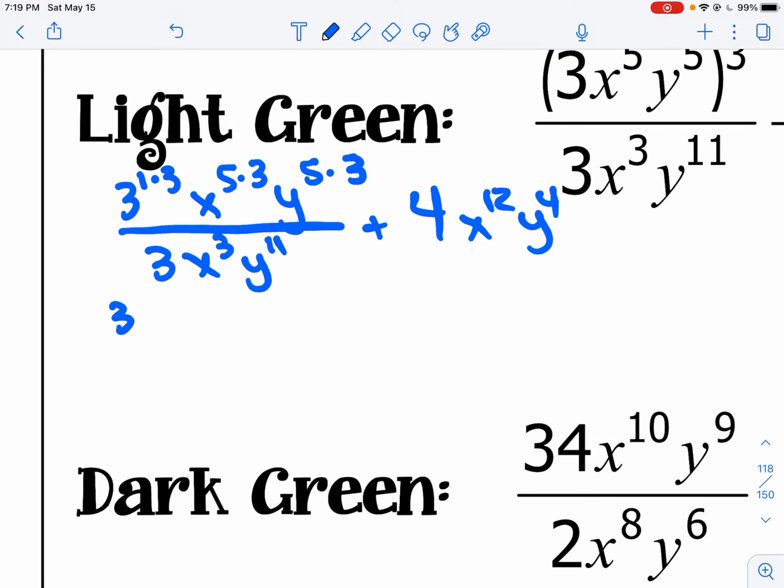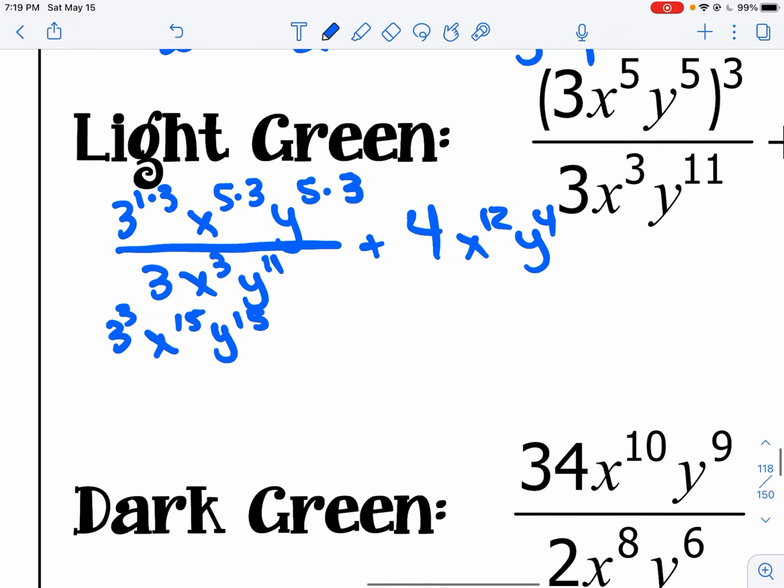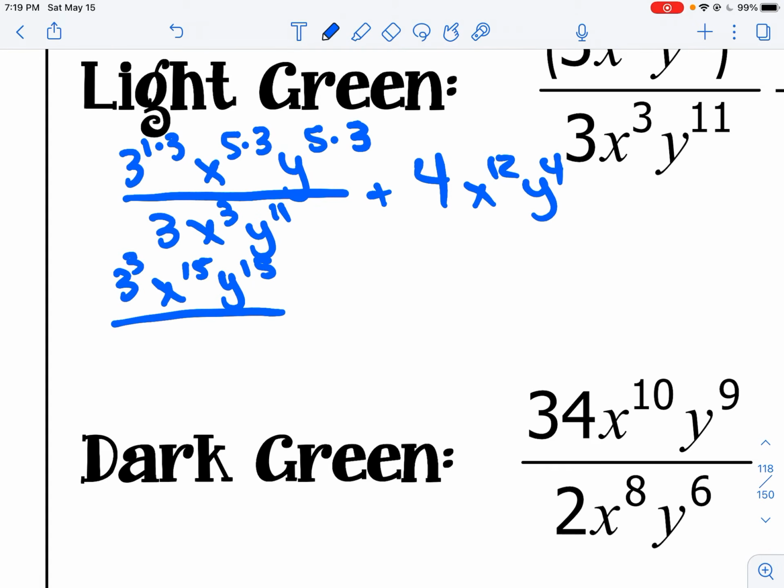So I get 3 to the 3rd here, x to the 15th, y to the 15th. That is right, okay. Over 3x to the 3rd, y to the 11th.